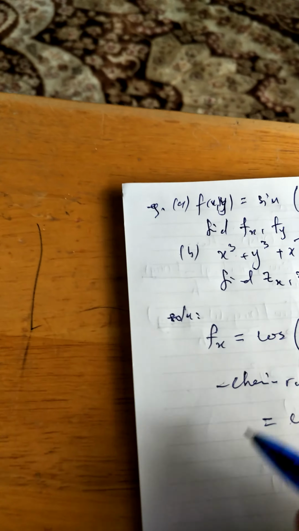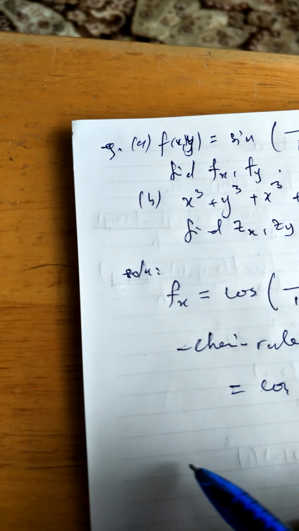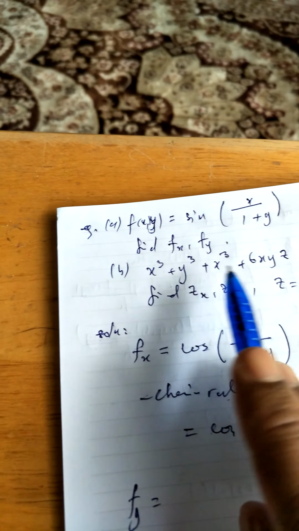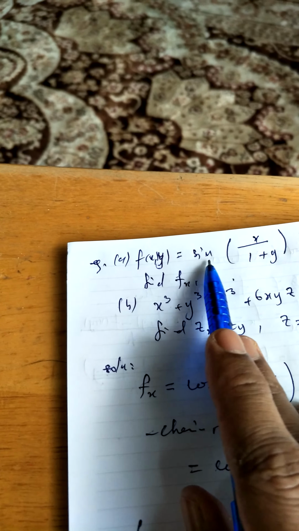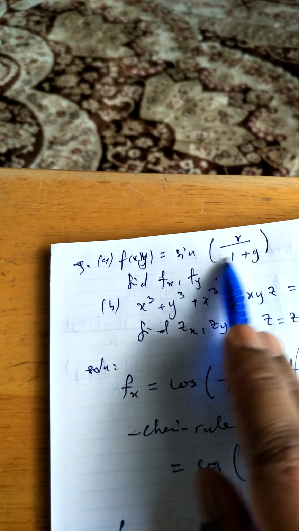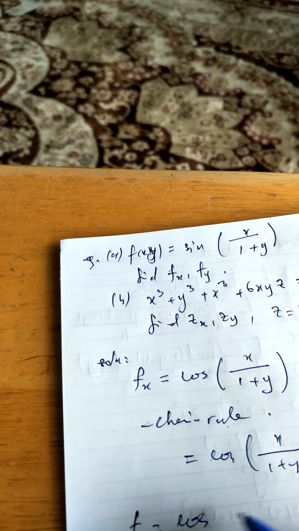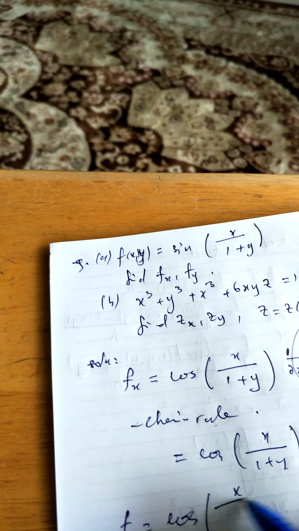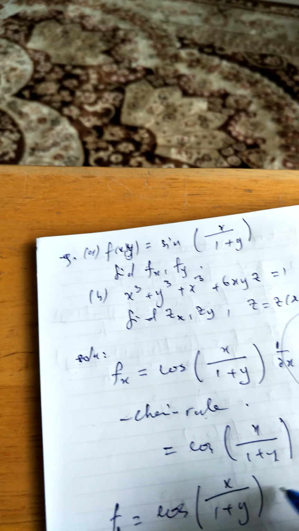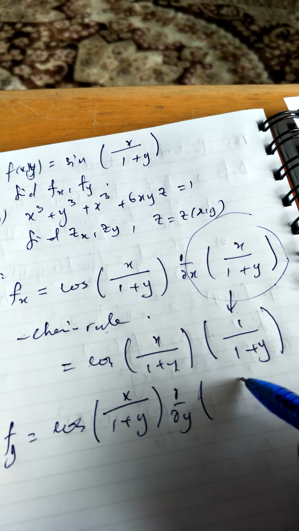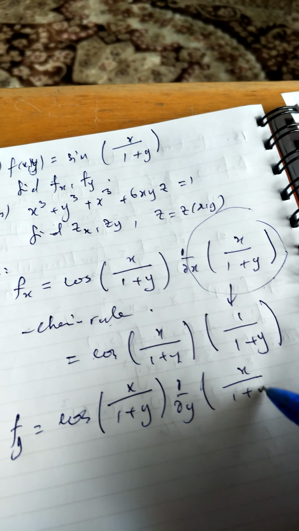Okay, for f y, the function we differentiate with respect to y. So we differentiate sine, we get cos of x over 1 plus y. Then we differentiate with respect to y everything in the bracket, x over 1 plus y.